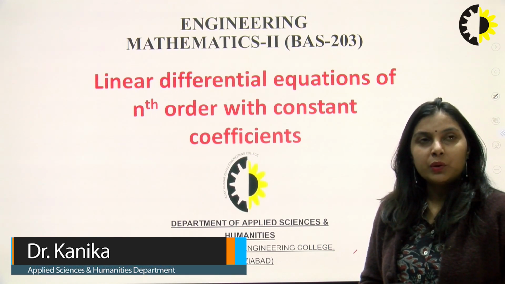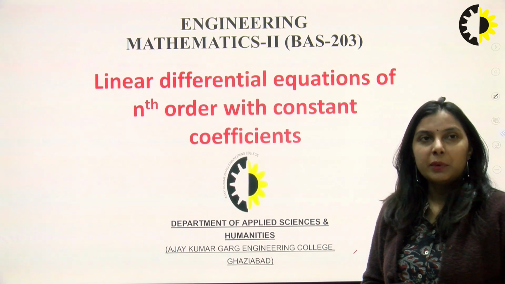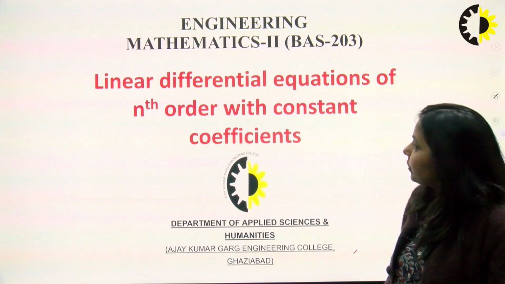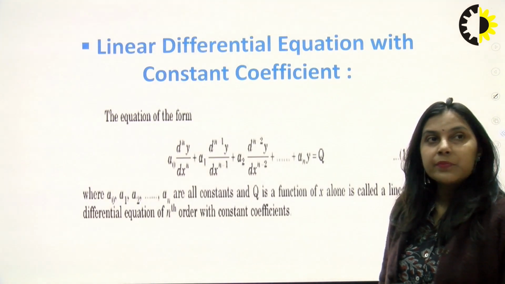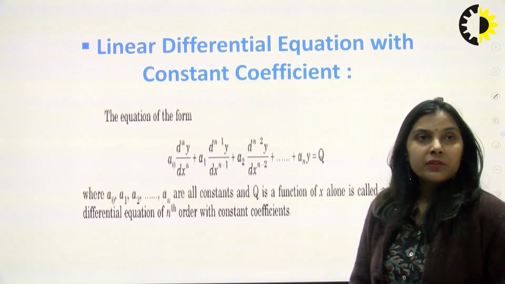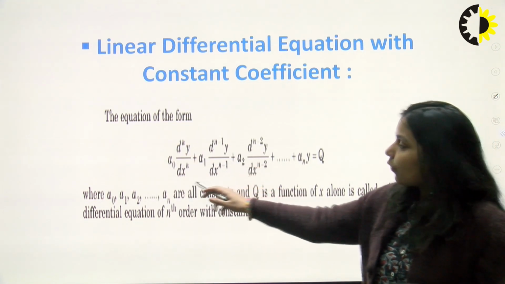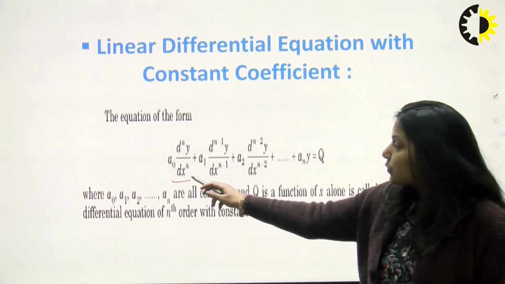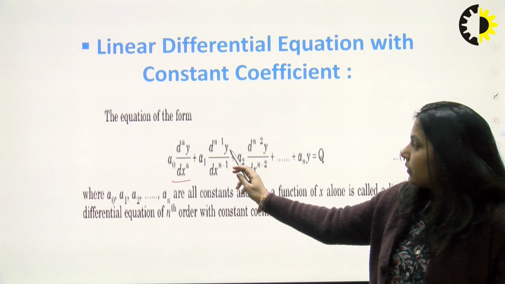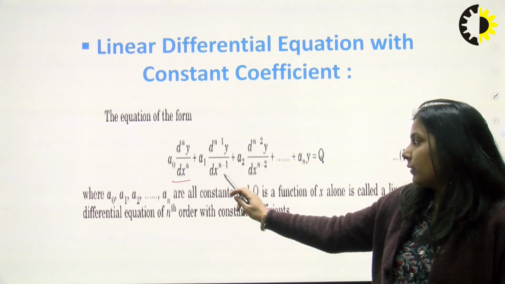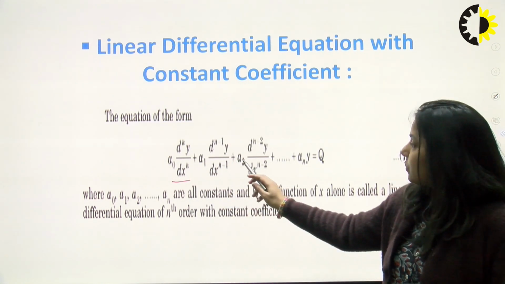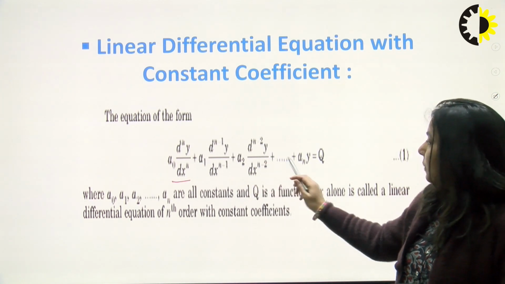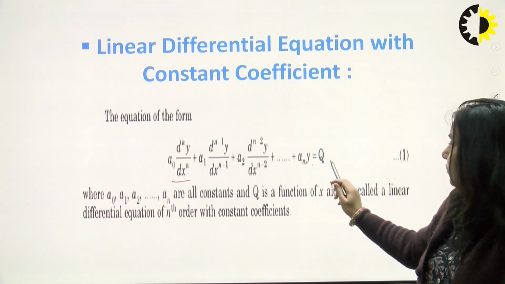So today I am going to discuss the topic of Engineering Mathematics 2, and the topic is linear differential equations of nth order with constant coefficients. A linear differential equation with constant coefficients is an equation of the form a0 d^n y/dx^n + a1 d^(n-1) y/dx^(n-1) + a2 d^(n-2) y/dx^(n-2) + ... + an y = q.